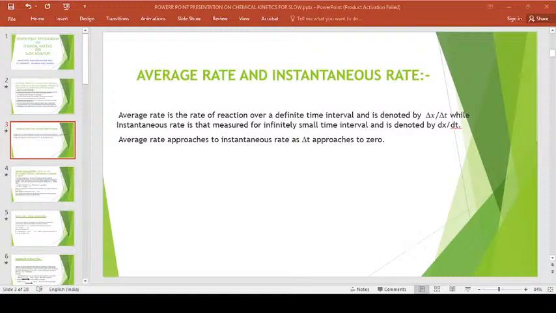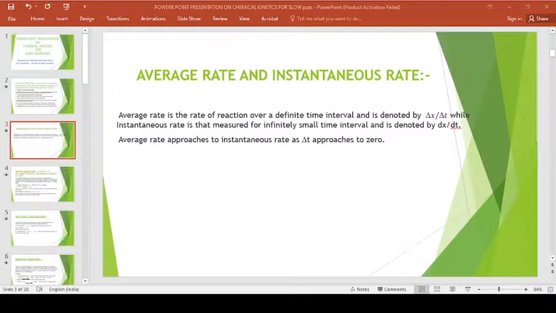Now let us see some examples of order of a reaction. The first example is the decomposition of ammonia at the surface of gold or platinum. You take some ammonia at the surface of gold or platinum, and this reaction occurs at a temperature of 1130 Kelvin.